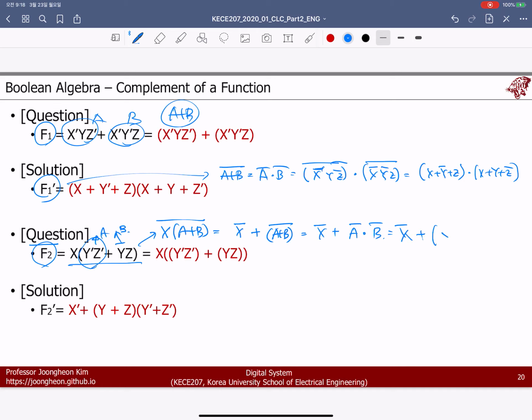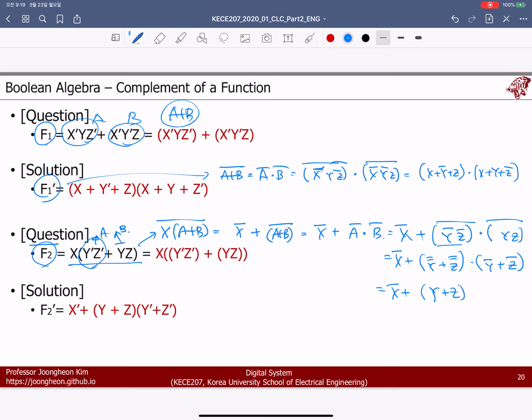That's why you have y bar g bar and bar dot b is y g, and then you have bar here. So x plus this becomes bar bar y plus bar bar g dot bar y plus bar g, and then this is x plus y plus g, because the complement of complement is itself.